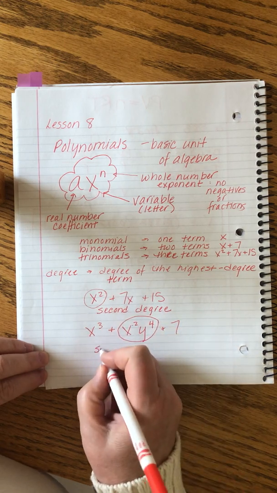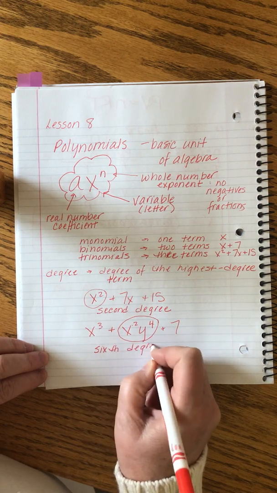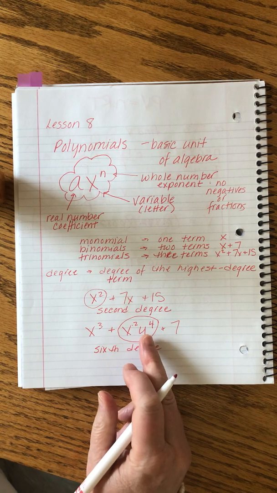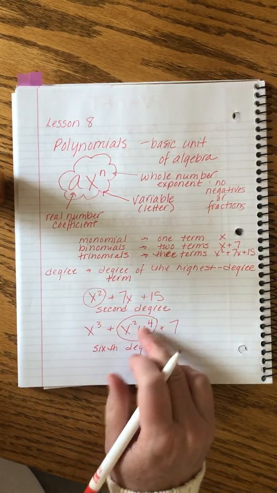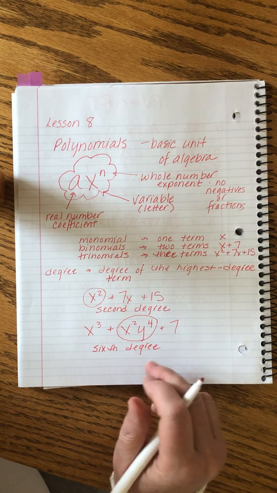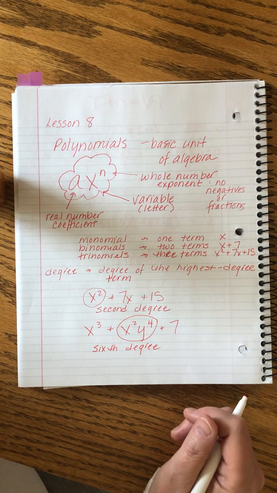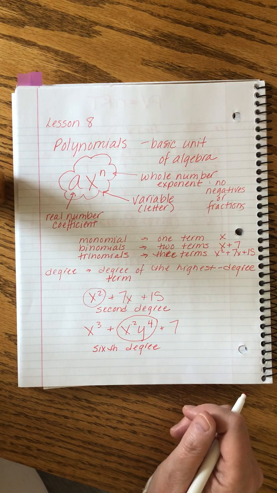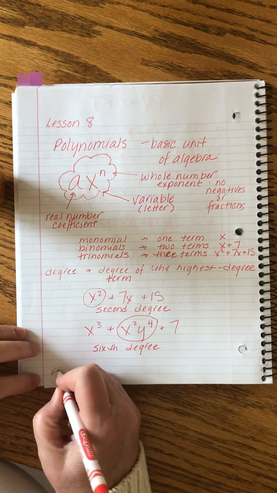So this would be a sixth degree polynomial because you take the degree of the highest degree term. So you combine the exponents. What we're going to talk about today is a first degree polynomial.